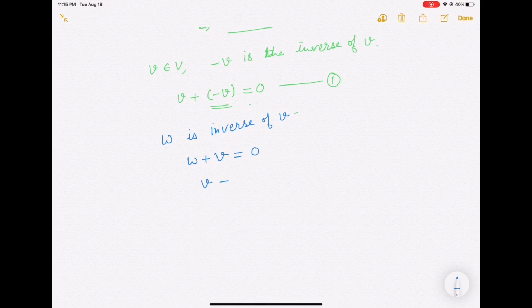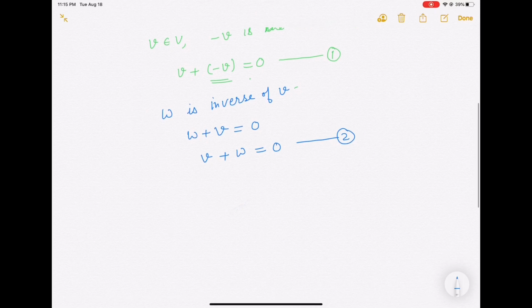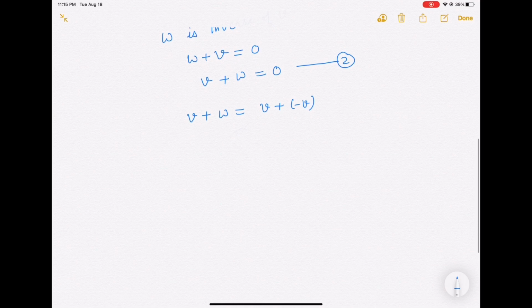Or you may write, because of the commutative property, v plus w equal to 0. From 1 and 2 we get v plus w equal to v plus minus v. And making use of the cancellation law, we get w equal to minus v.